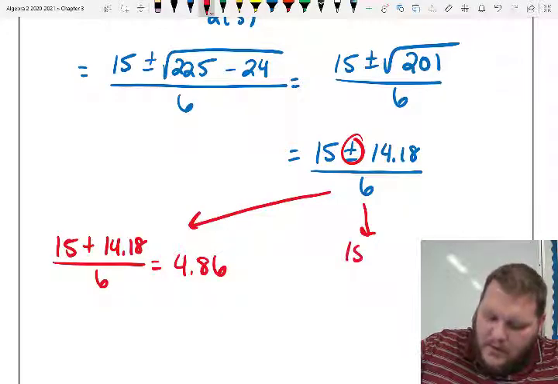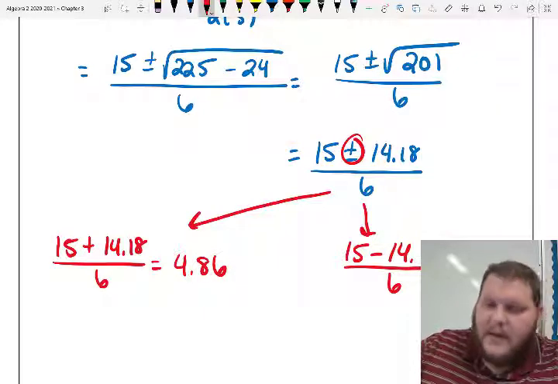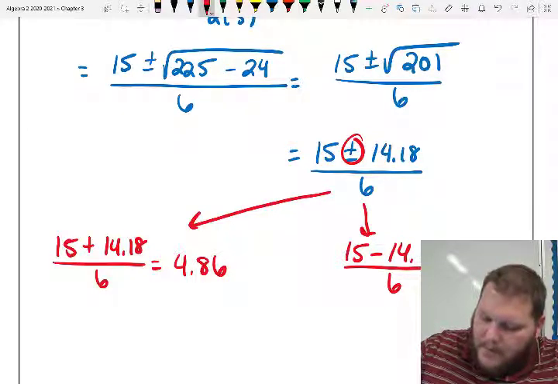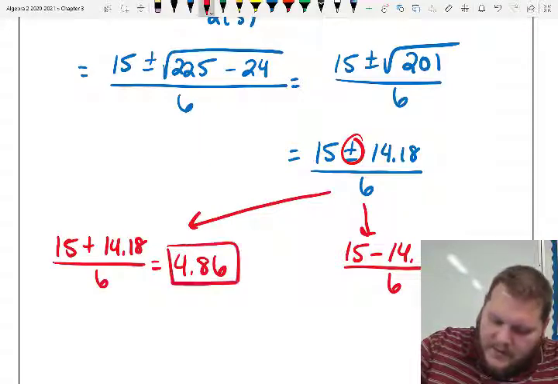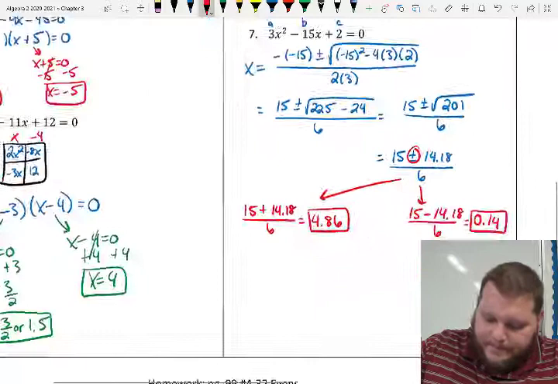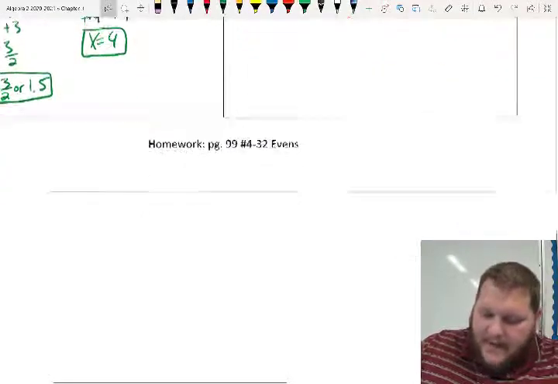The other one, we do 15 minus the 14.18 all over 6. And that, again, use a calculator, we get 0.14. And those are my 2 solutions. 4.86, 0.14.